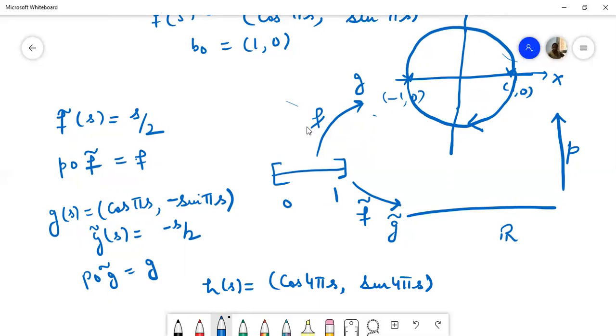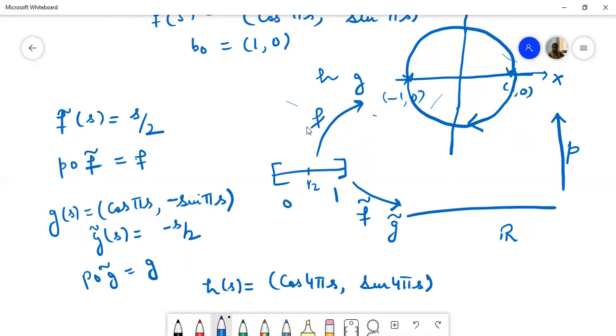This H mapping wraps the whole interval. Here we have H mapping from the closed interval [0, 1] to this circle S1, and this H map wraps the whole interval [0, 1] around the circle twice, because the image of 0 is the point (1, 0), and the image of 1 is also (1, 0).